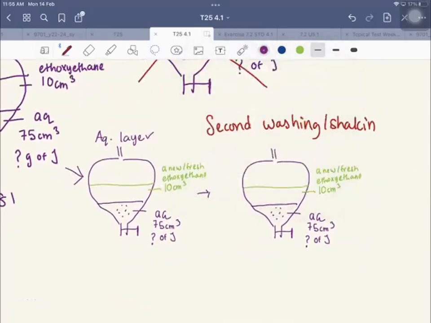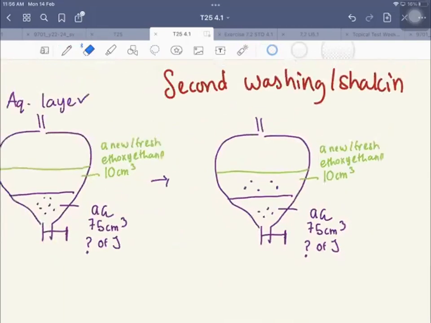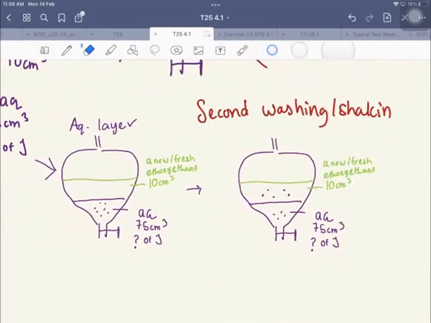So initially, there's no solute in the second portion or the new layer of ethoxyethane. After shaking it, I will have some, and the amount of solute in aqueous will also decrease even further.